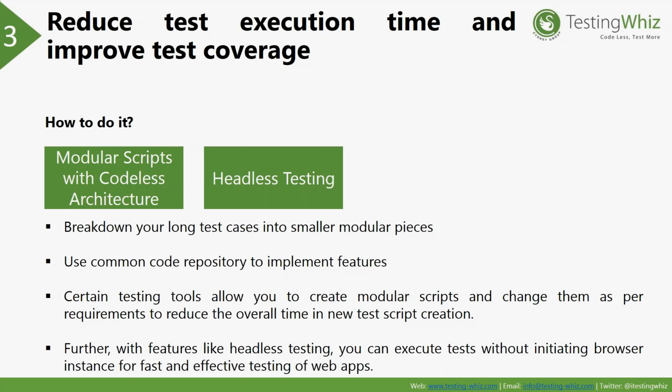Implement a common code repository. If you're breaking down your components into different modular scripts, then you can use those components as a common library or repository, and build more scripts based on that.